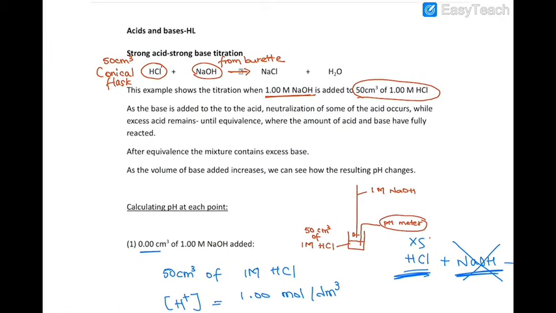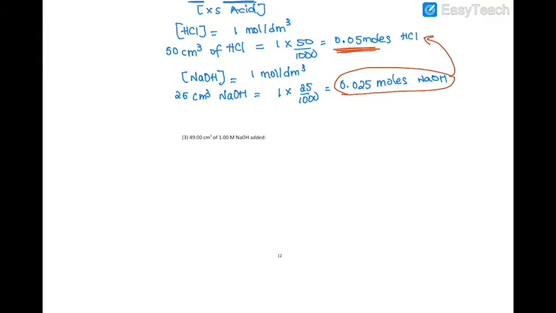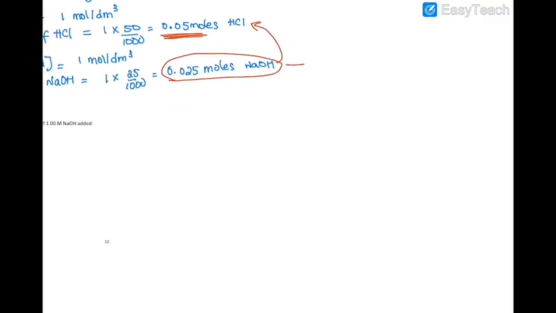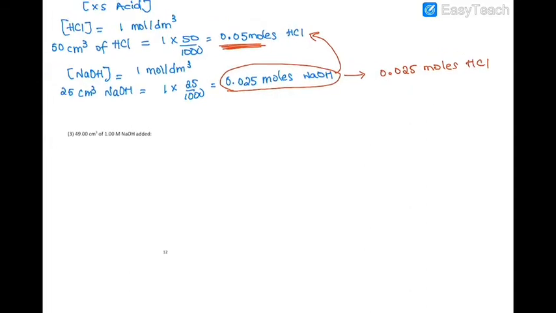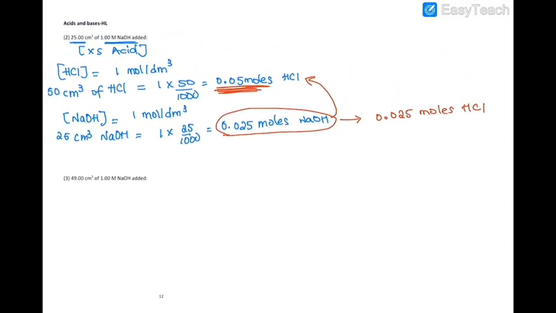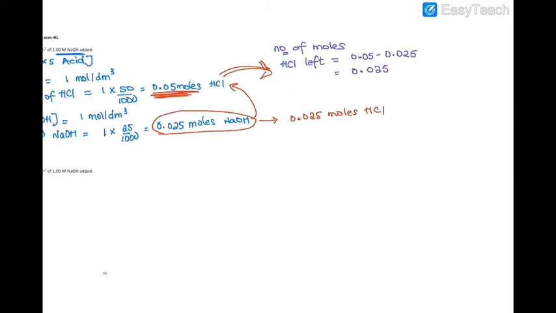Remember from the equation, it's a 1:1 ratio, which means that this number of moles of NaOH is going to react with only 0.025 moles of HCl. So out of this, there's going to be only some left.